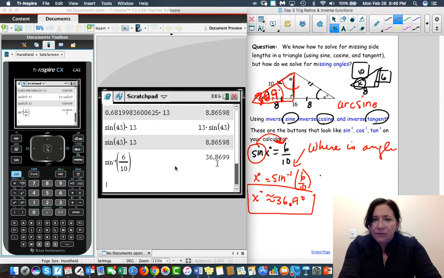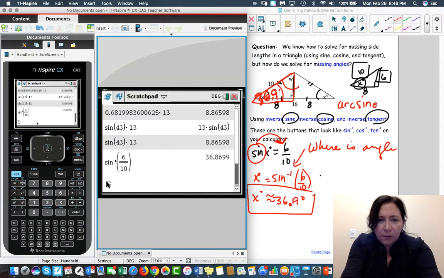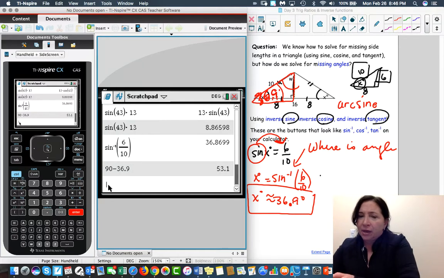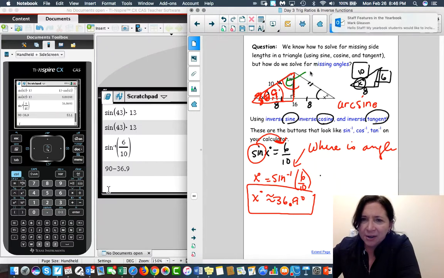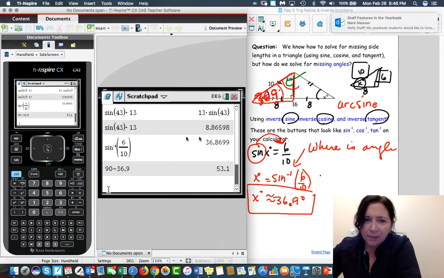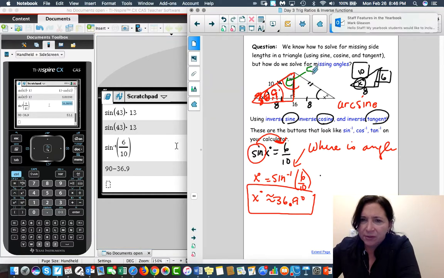So to find the other angle, I just type in 90 minus that answer, 36.9 degrees, and I go enter. My other angle up top, this angle right here, is going to be 53.1 degrees.